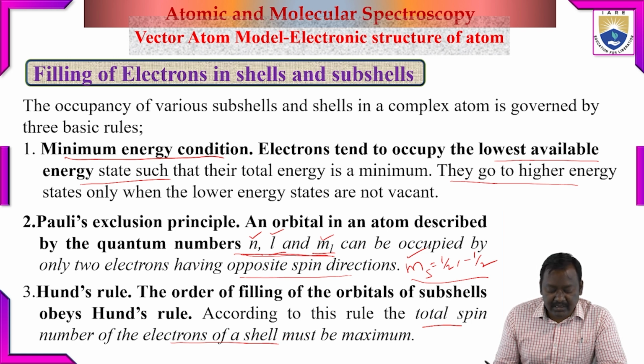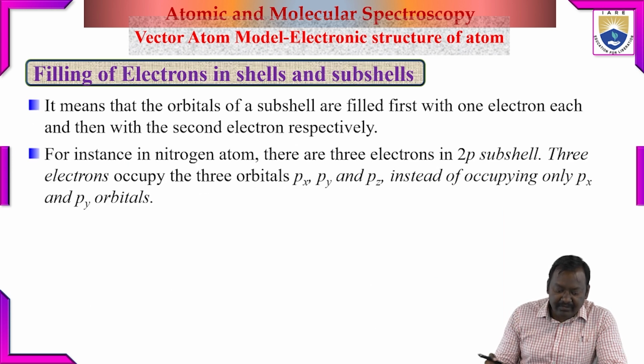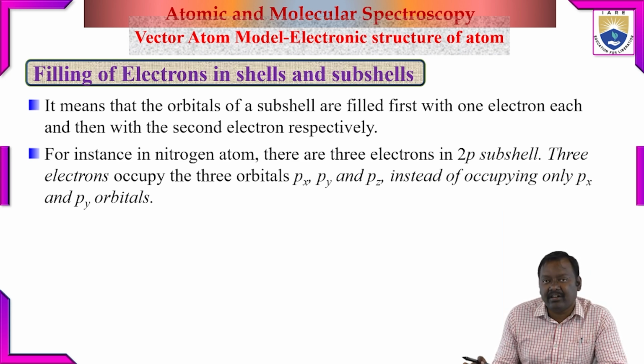By following this, the orbitals of the subshells are filled first with one electron, and then if there are still more electrons, we fill the second electron in those subshells.